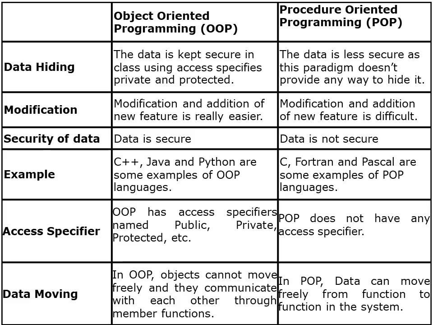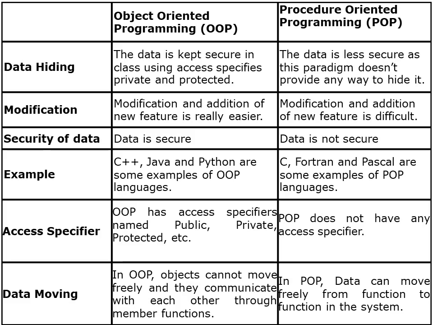In object-oriented programming, it is easy to add and modify new and existing features, whereas in procedure-oriented programming, addition or modification of features is difficult. Eighth, security.